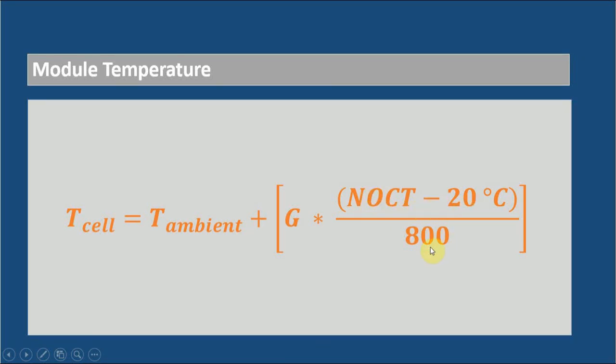NOCT is in the range of the 40s, and it varies from one manufacturer to another. So this is how to get the cell temperature, which is different from the ambient temperature.